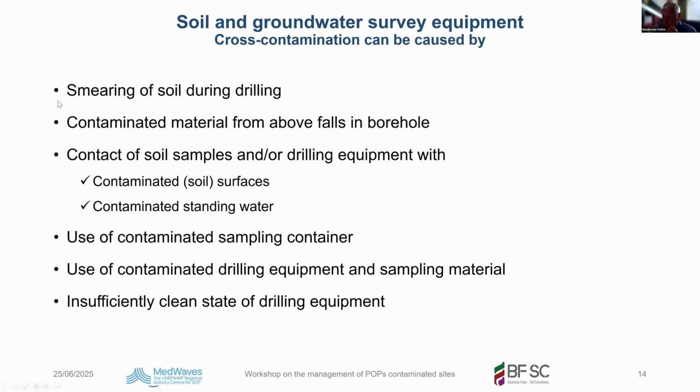Use of contaminated sampling containers: your sampling container is not completely clean. Use of contaminated drilling equipment and sampling material, and insufficient cleanliness of the drilling equipment. These are all causes of cross-contamination, and if you have cross-contamination, you do not have a representative soil sample.